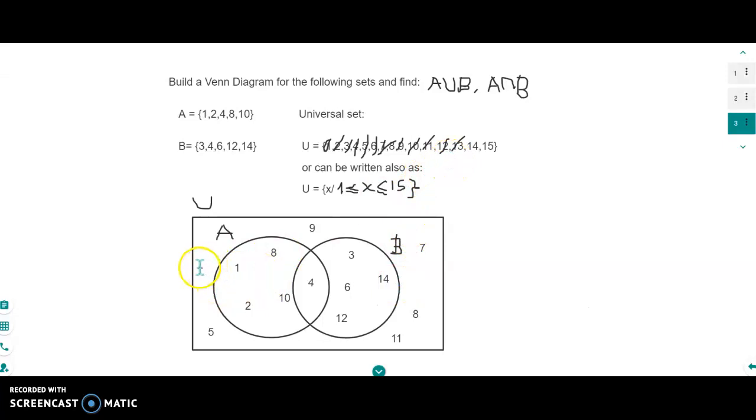So 13, we can write it here to fill the spaces. We have 14, but 14 is already in B, and it's missing 15, so we can write 15 over here. Okay? And that's it, guys.